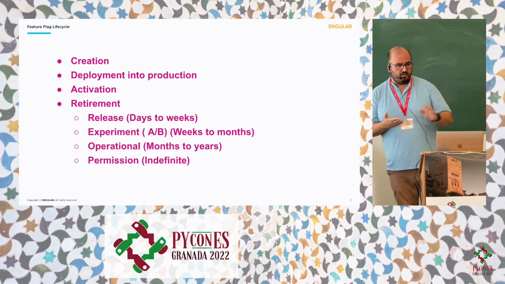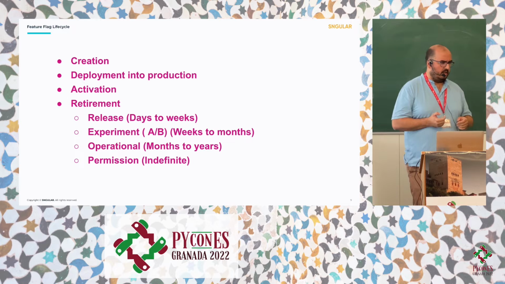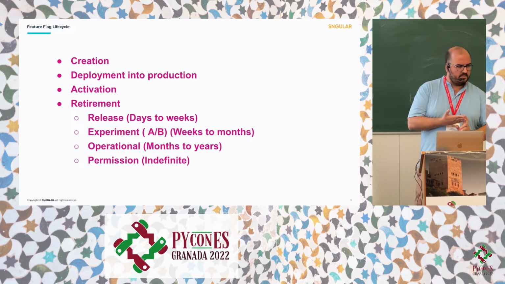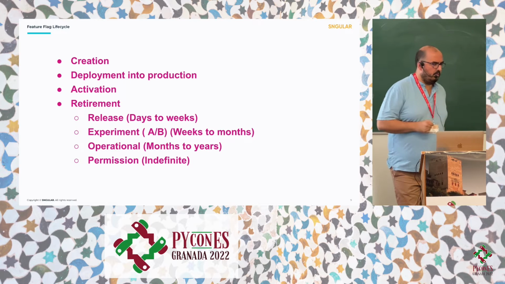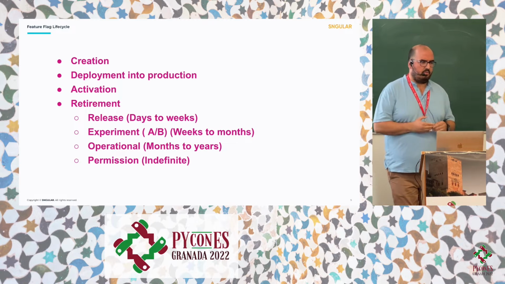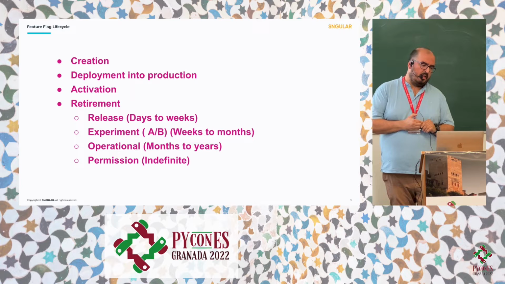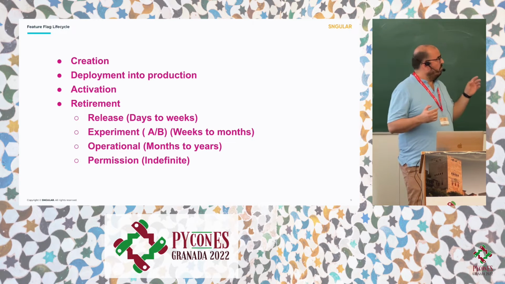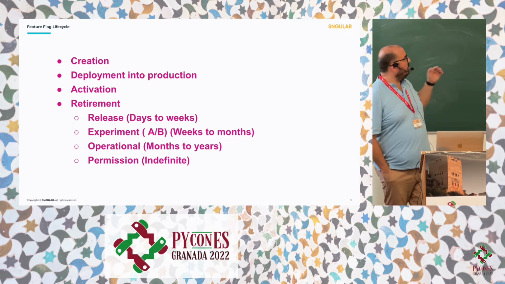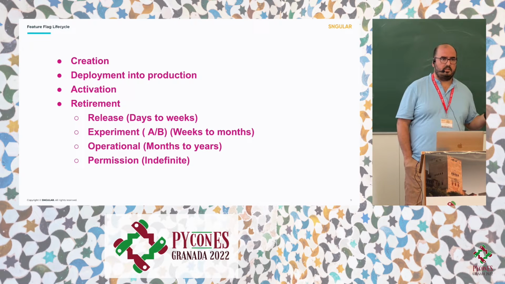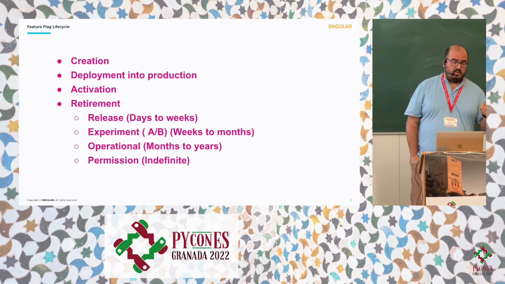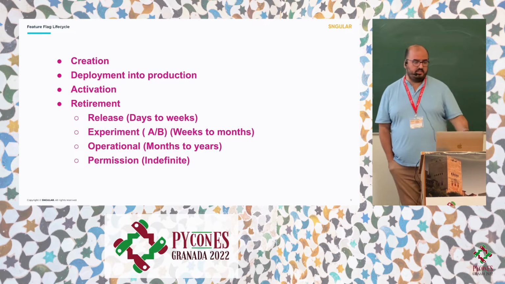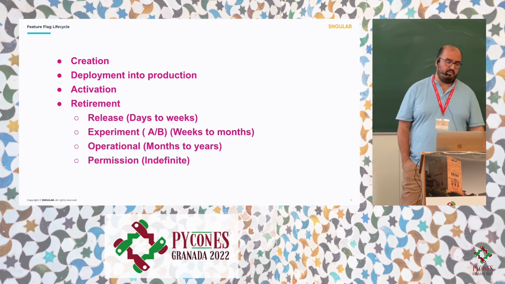You will deploy the feature flag into production, you will activate it, depending on the case. Later we will see different ways to manage feature flags. And at the end, you need to retire the feature flag. I told you about the four types, and those are the timelines, the usual expiration for them.